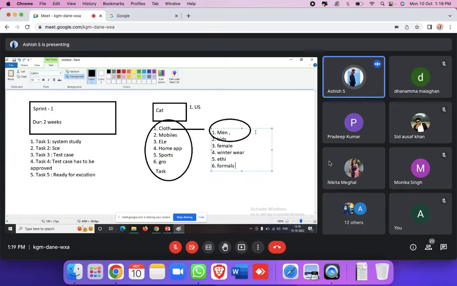Ethnic is nothing but your traditional one. Can I say these are my subtasks? Yes, sir.